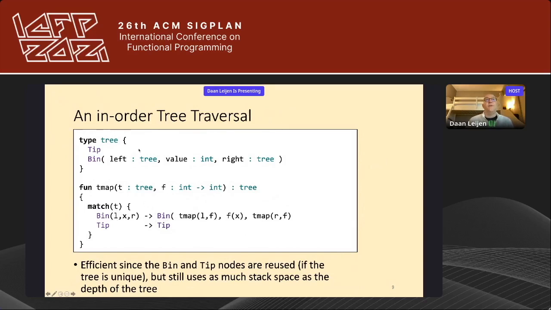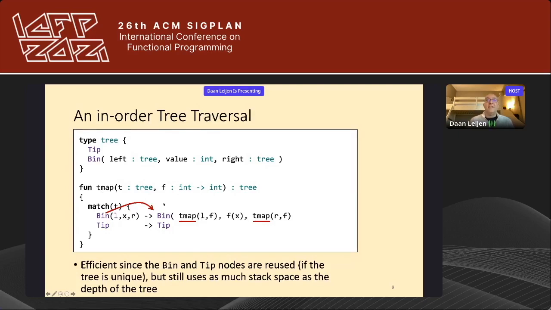Here's, for example, an in-order tree traversal. And here you see that the bin nodes and the tip nodes will be reused. At the same time, you see the recursive calls. One of them is actually a tail recursion modulo cons in Koka, but one of them is not, right? Because we have two calls. So this will still use stack space for the depth of the tree.